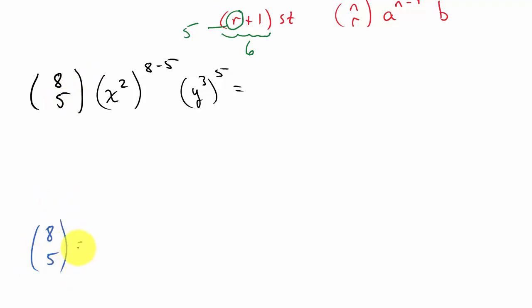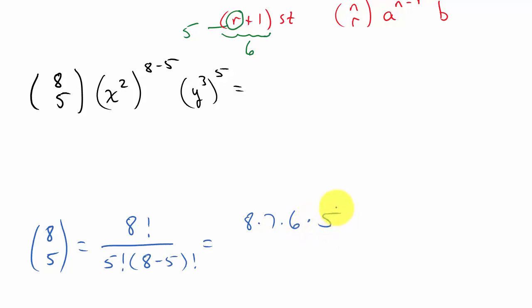So combination 8 choose 5. Well, remember combination, that's n factorial over r factorial times n minus r factorial. If we write this out, that's 8 times 7 times 6 times 5 times 4 times 3 times 2 times 1.